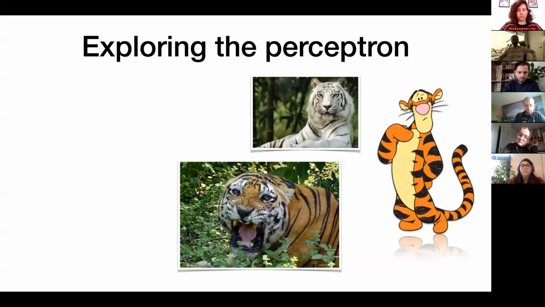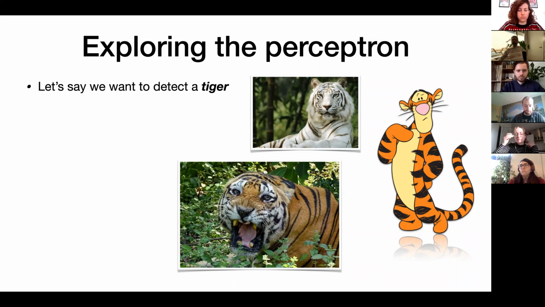We're going to do a very simple task. Based on a few inputs, we're going to say this thing is a tiger. And we're going to base ourselves on two specific properties or characteristics of input.